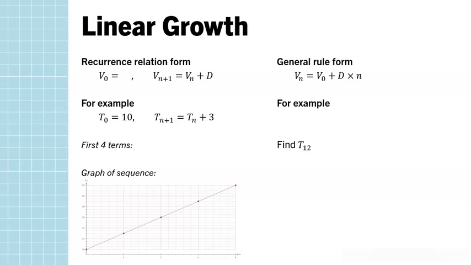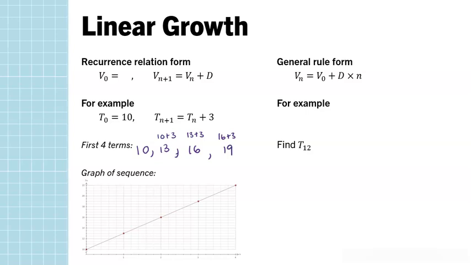So if we were to write out those terms, obviously starting with 10, the next term would be the current plus 3. So in this case, 13. Then again, the next term, the current plus 3, so 16. The next term, the current plus 3, gives us 19.